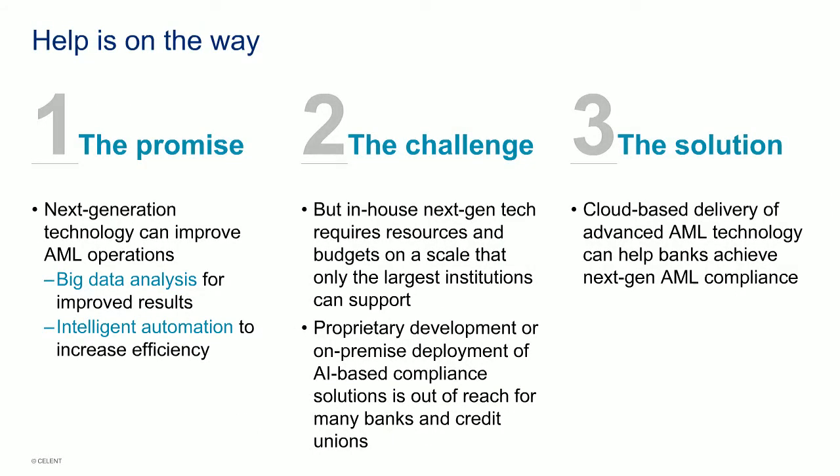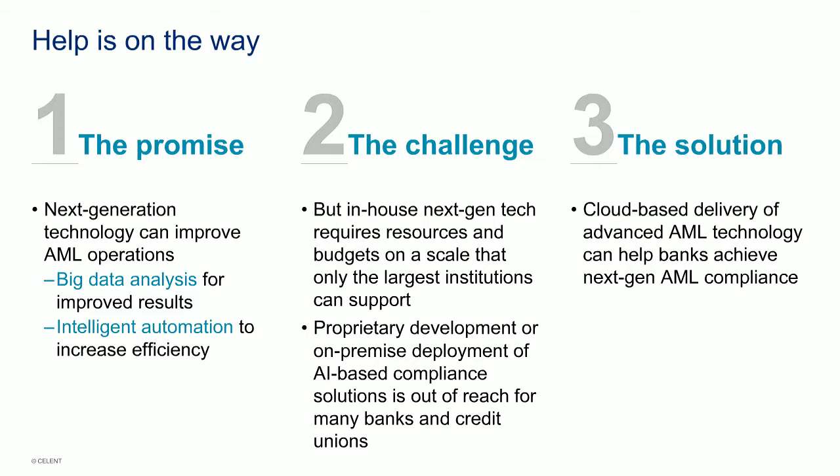But help is on the way, and that's getting back to our theme today. Next generation technology has been shown, and let's witness some of this, to improve efficacy and increase efficiency in AML operations. But supporting these advanced technologies in-house requires resources that really only the very largest institutions can support.